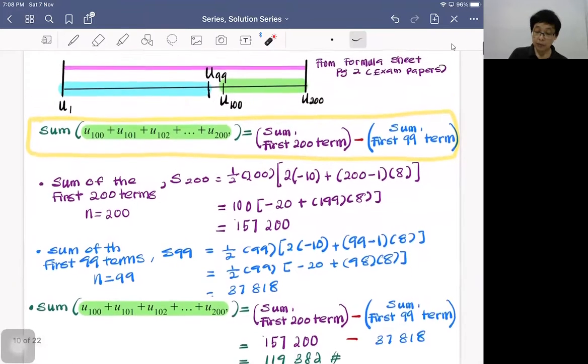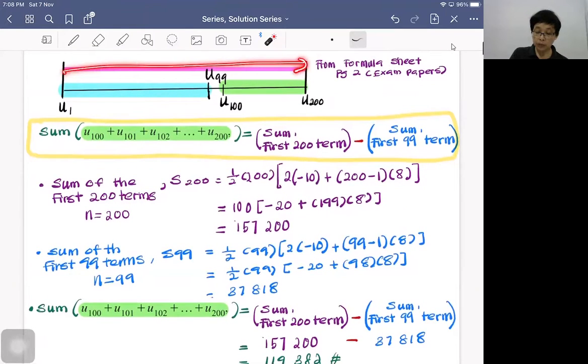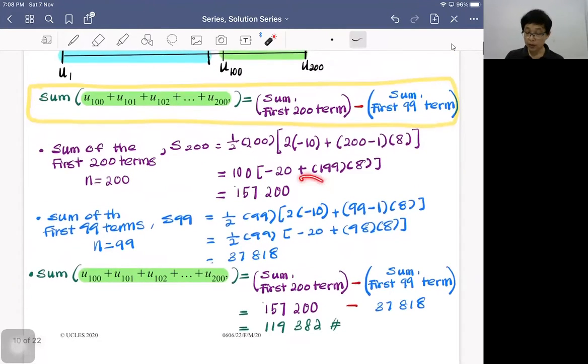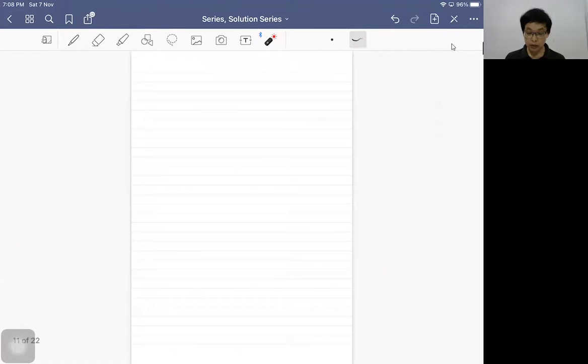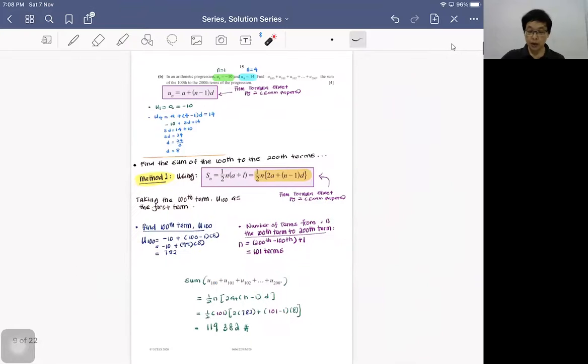By cutting out this portion from the total, that's how you get the sum from term 100 to 200, by putting in the sum of the 200 minus the sum of the 99. And again, you notice that you managed to get the same answer, which is 119,382.